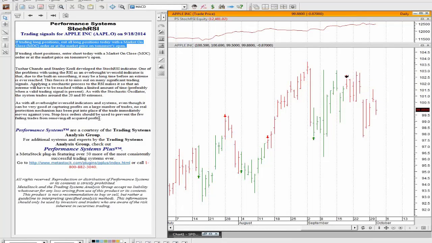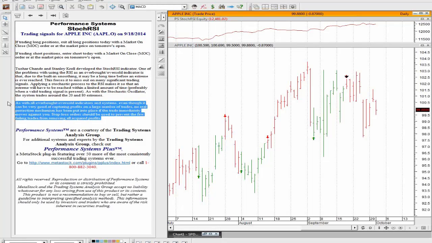Now, the thing that I want to go back to, and I have a few minutes to do this, is that with all overbought and oversold indicators, even though this can be good at capturing profits on a large number of trades, there's no protection mechanism. My argument to you is if you want to put in a stop, it's a great idea.